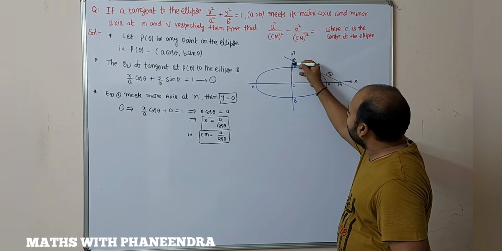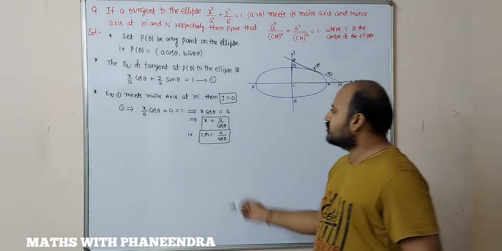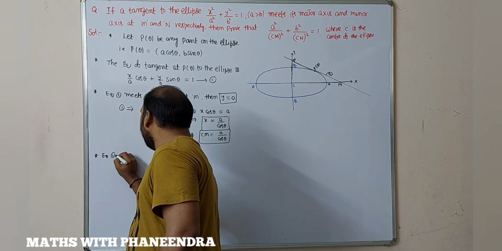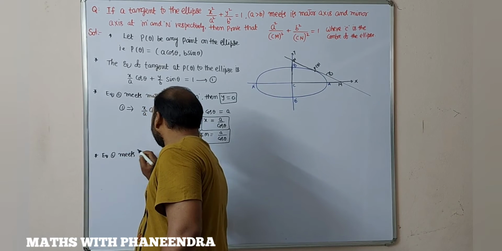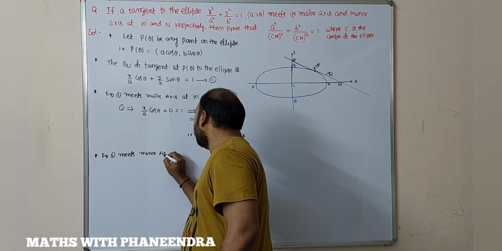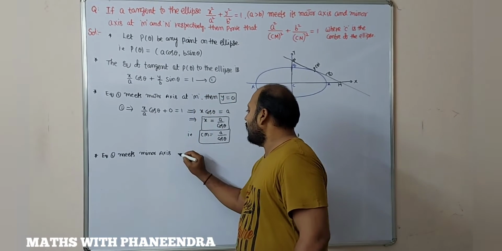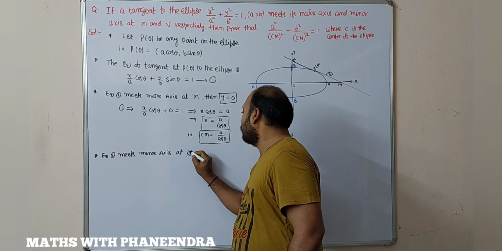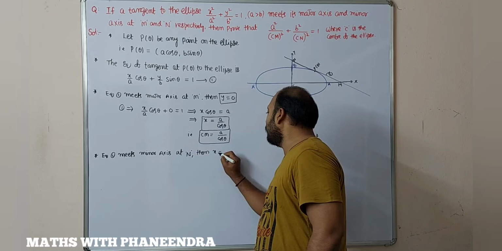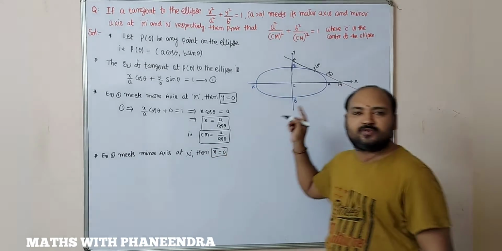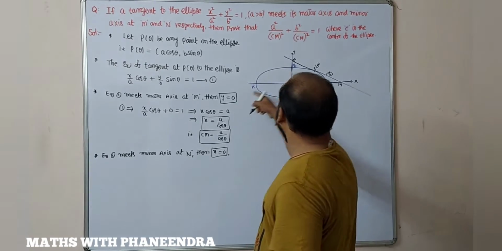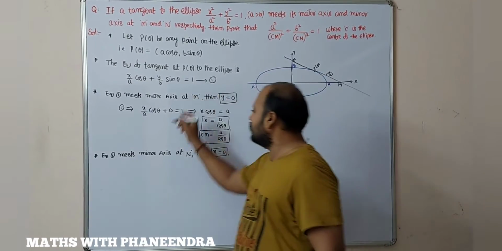CN is called the y-intercept. So similarly, equation 1 meets minor axis at N, then x is equal to 0. On minor axis means y axis, on y axis x coordinate is 0. Therefore x is equal to 0, substitute in this equation 1.